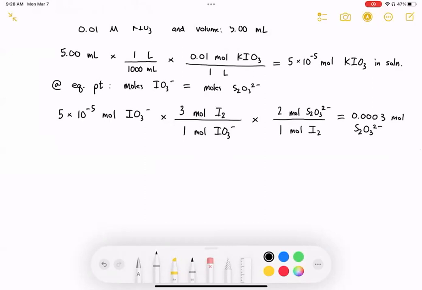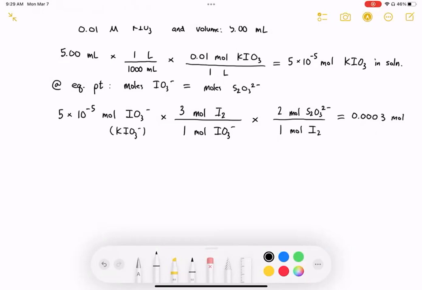So that's how many moles of sodium thiosulfate we have in solution. So even though in the balanced chemical equation it doesn't have the counter ions, that's okay because for each iodate we have the same amount of KIO3 in there, because it's a 1-to-1 ratio.